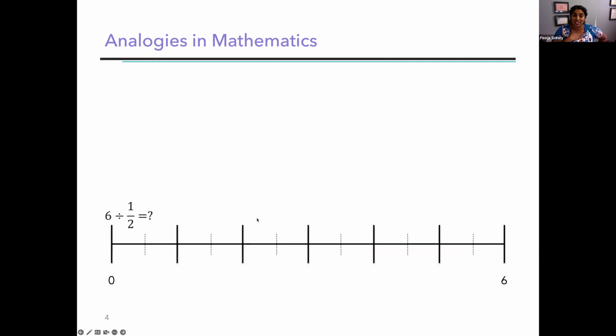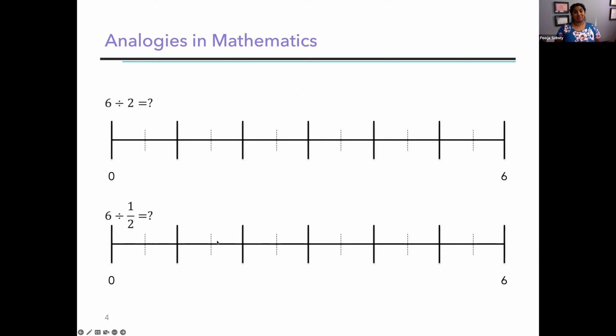A lot of my work has focused on children's fraction learning, and one particularly difficult concept for children to understand is what it means to divide by a fraction. We sometimes measure this by asking children to draw problems like 6 divided by 1/2 on a diagram like this one. I'm going to show you today that children can learn this really rapidly by making an analogy to whole number division.